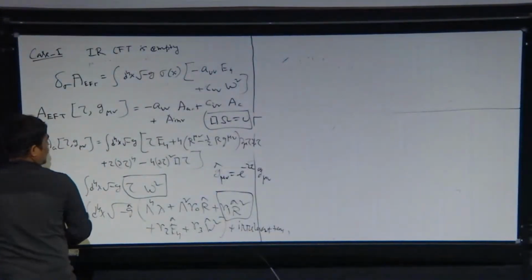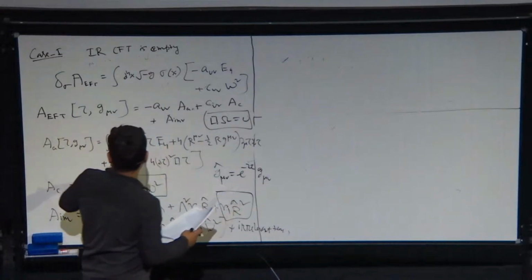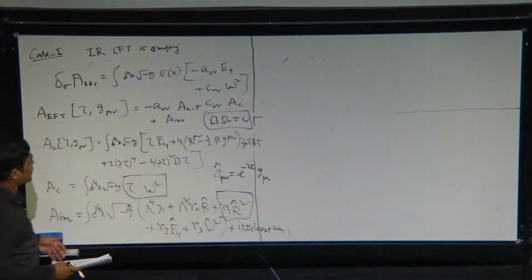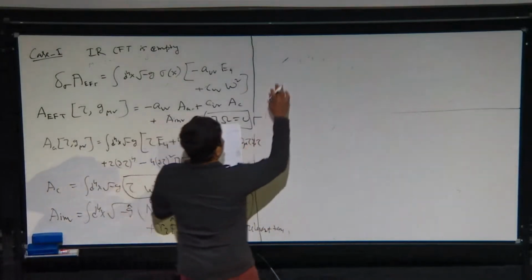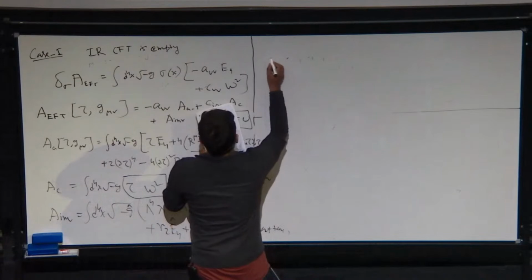Then we can test whether this proposal works for simple examples where the IR CFT is empty, and these examples are basically free scalars and free fermions. So I'll just briefly mention how to do it.